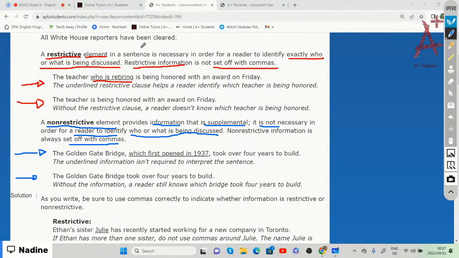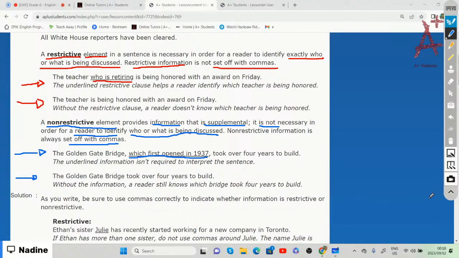And if we look at that sentence, the underlined information, which first opened in 1937, isn't even required to interpret the sentence. It's added information which isn't required, which means that we can just say that the Golden Gate Bridge took over 4 years to build.